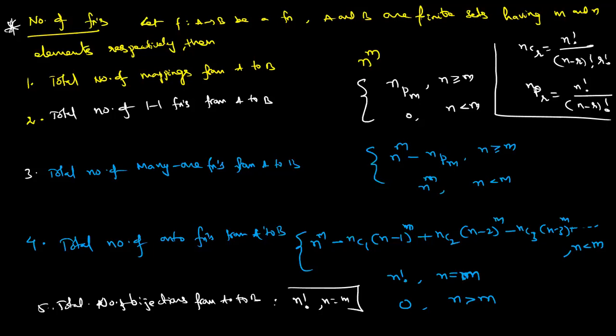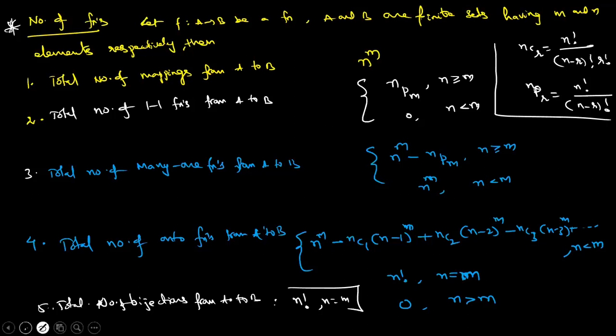Good. nPr and nCr formula difference is there. nCr means divided with r factorial, but nPr means divided with r factorial is not there. Clearly, nPr is always greater than nCr. So briefly we discuss in permutations and combinations, binomial theorem. Don't worry.